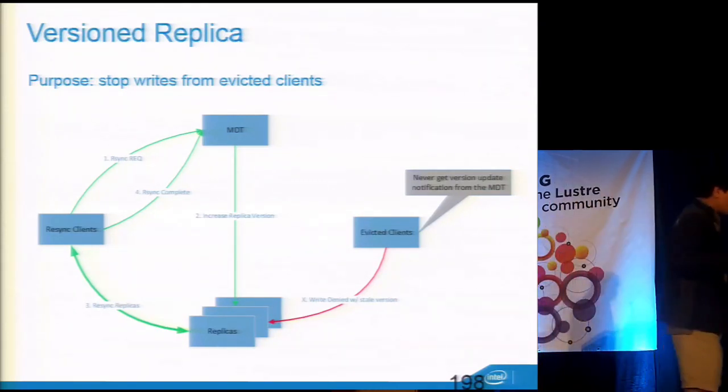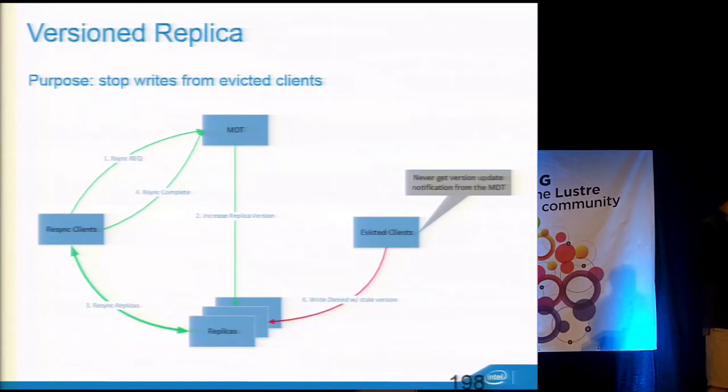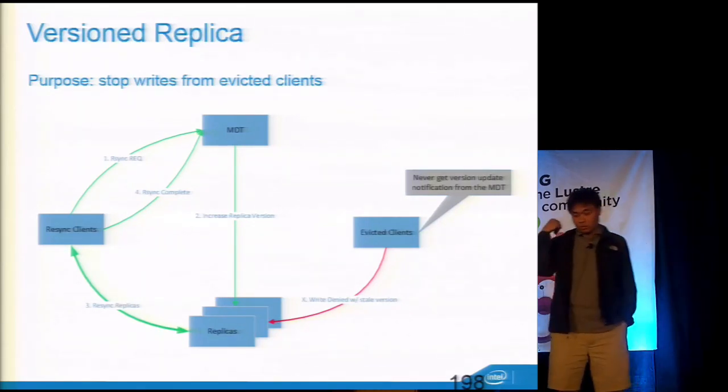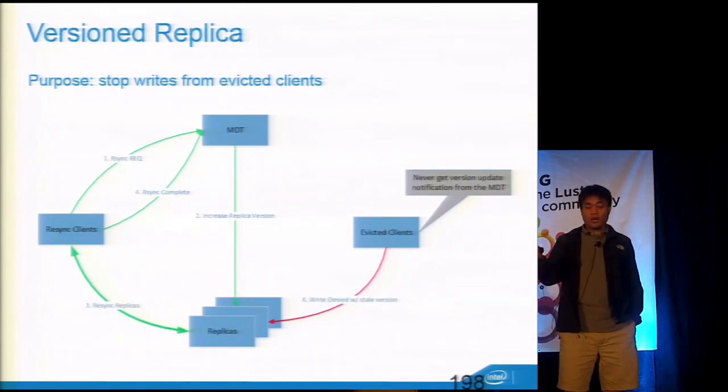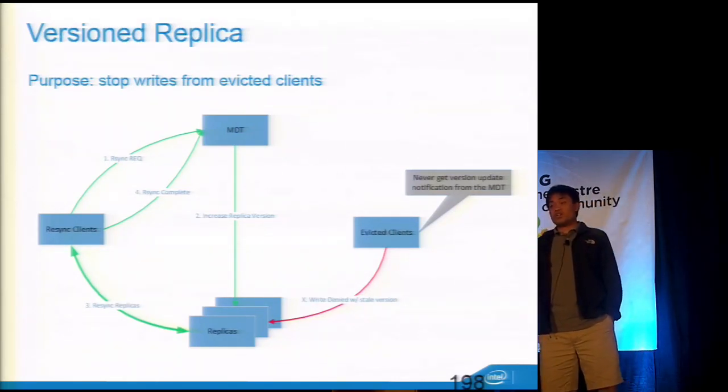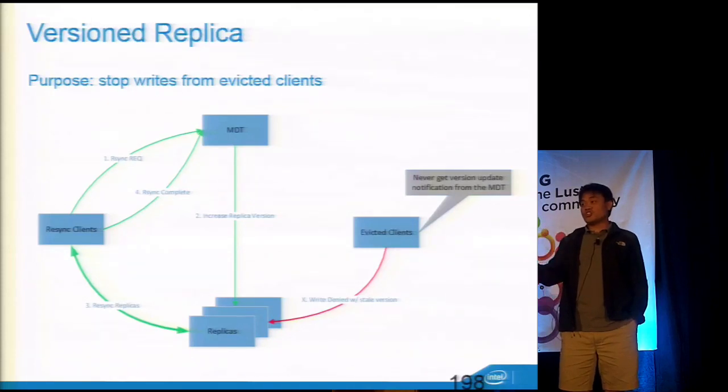During this time, if an evicted client tries to write the replicated file, the write will be denied. Why? Because the evicted client will not get the notification of the version number change.